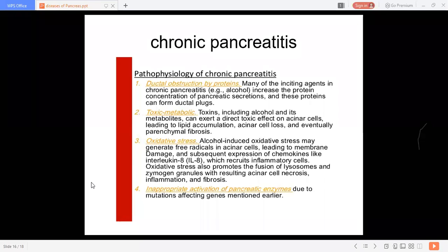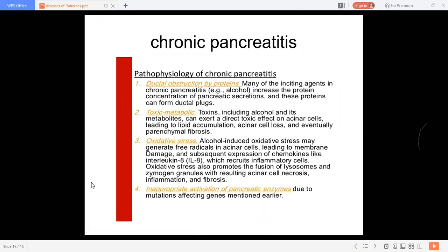A similar chain of reactions occurs whether it is due to toxic metabolites, oxidative stress, or inappropriate activation of pancreatic enzymes due to mutations affecting genes mentioned earlier.